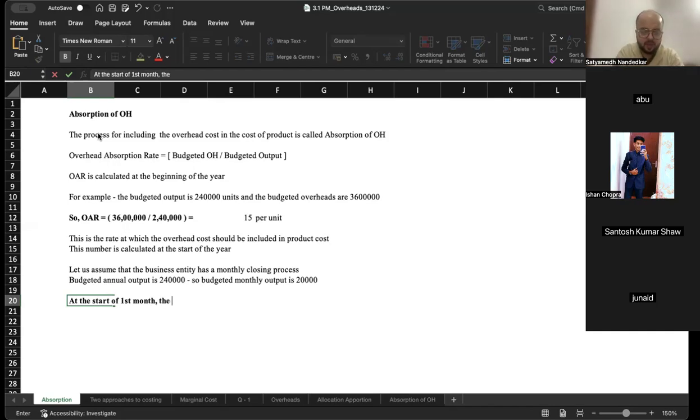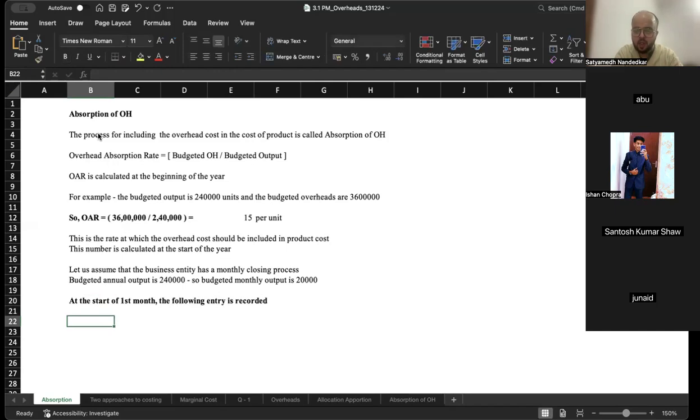At the start of the first month, the following entry is recorded. Right now there is a budgeted spend that is going to happen, and budgeted monthly output is 20,000. Overhead control account debit to provision for overheads.